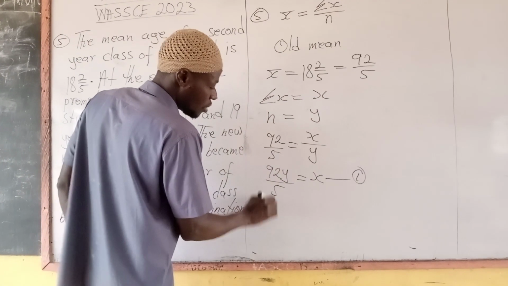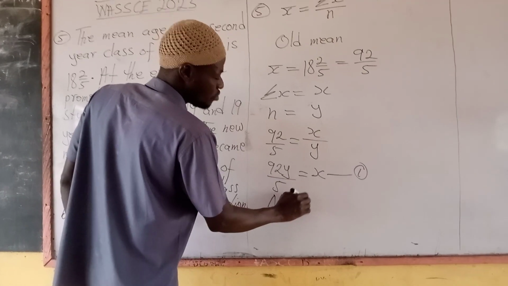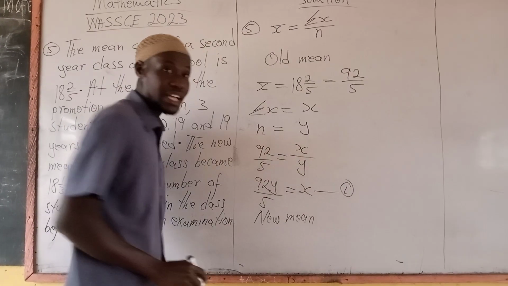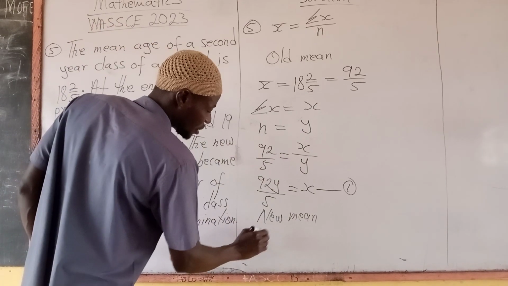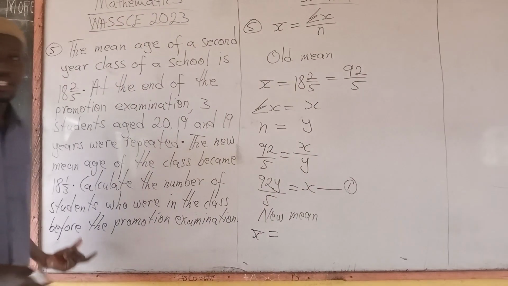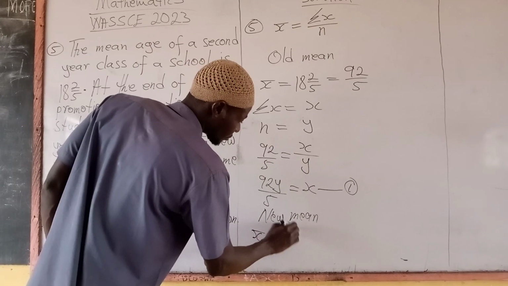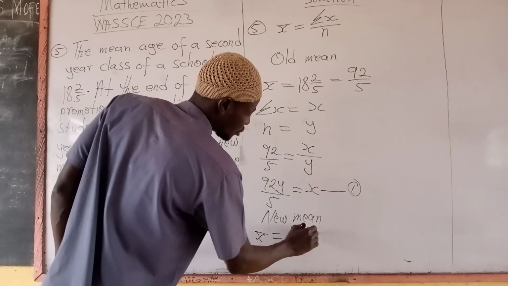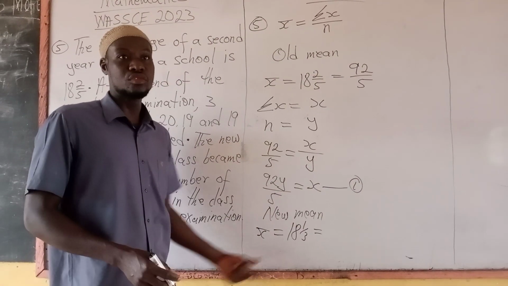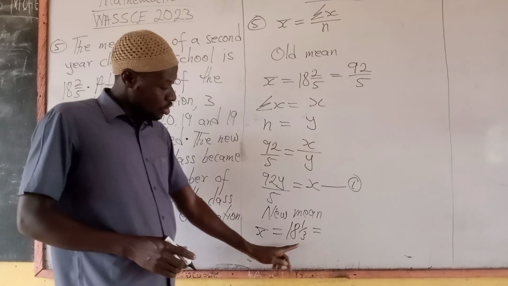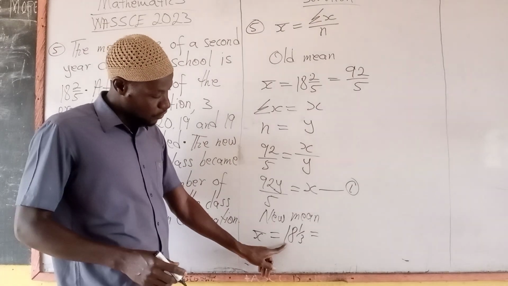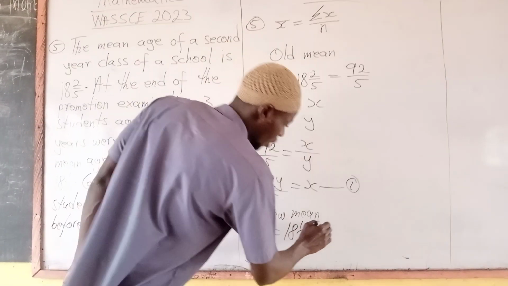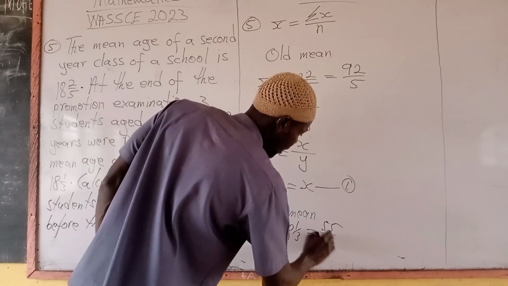So for the new mean, our x bar is given as 18 whole number 1 out of 3. This is to be rewritten into improper fraction form. So 3 times 18 gives us 54, plus 1. That will be 55 divided by 3.